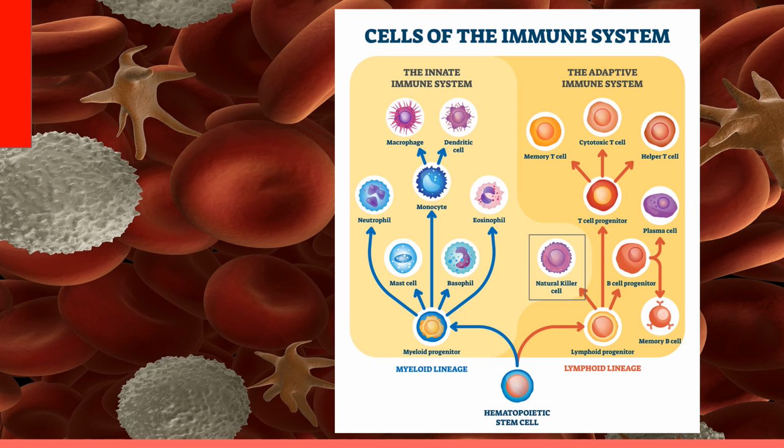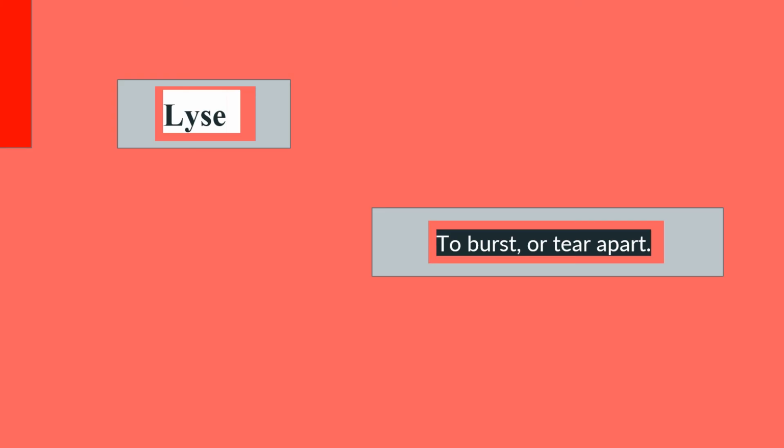As part of the innate immune system, they can be triggered without requiring a past exposure to an antigen. They can recognize foreign substances and organisms and lyse them. Lyse means to burst or tear apart.